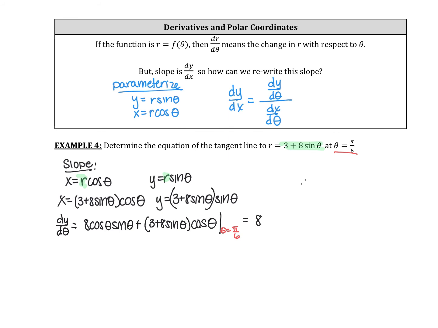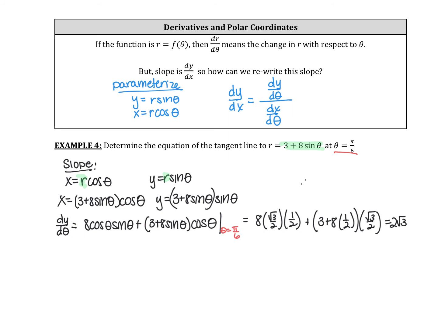Cosine of pi over 6 is root 3 over 2. Times the sine of pi over 6, which is 1/2, plus 3 plus 8 times the sine. We know the sine. 8 times the sine was 1/2, times the cosine, which is root 3 over 2. And if we simplify this, let's see. This one I'd get 8 over 4 root 3, so it'd be 2 root 3.